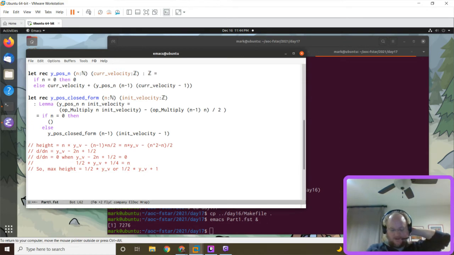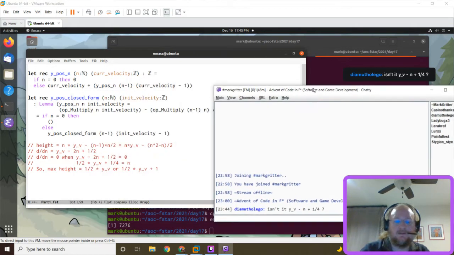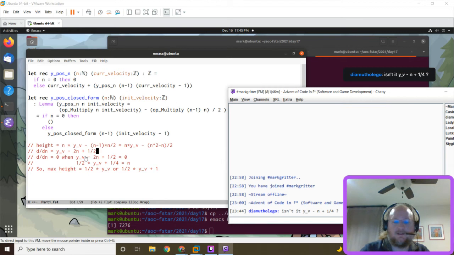It's a parabola, isn't it? yv minus... derivative of n squared is 2n divided by 2 is n.